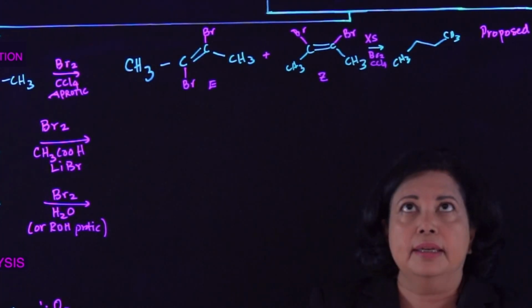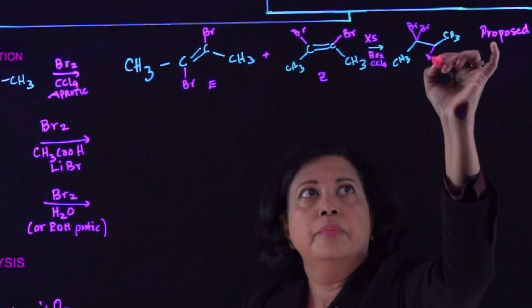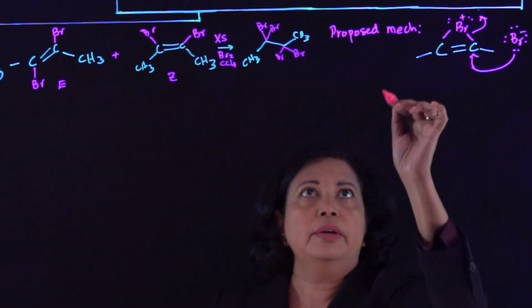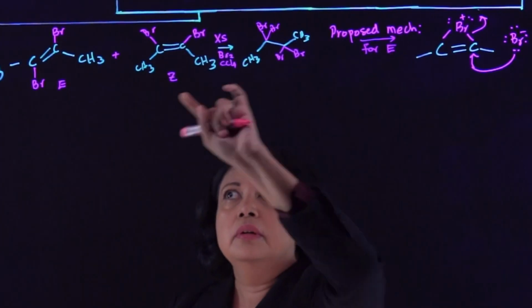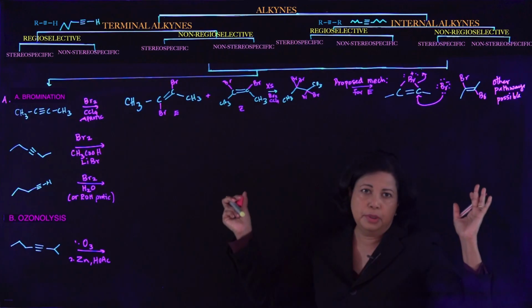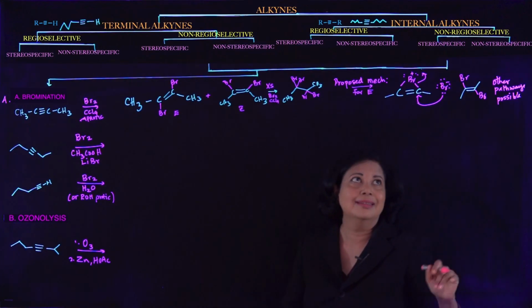It's aprotic. So here you will get your tetrabromo. So this is only going to account for the E isomer. The Z isomer, we just don't know. We're, at this point, throwing our hands up and saying there's something else going on. We don't know what it is.